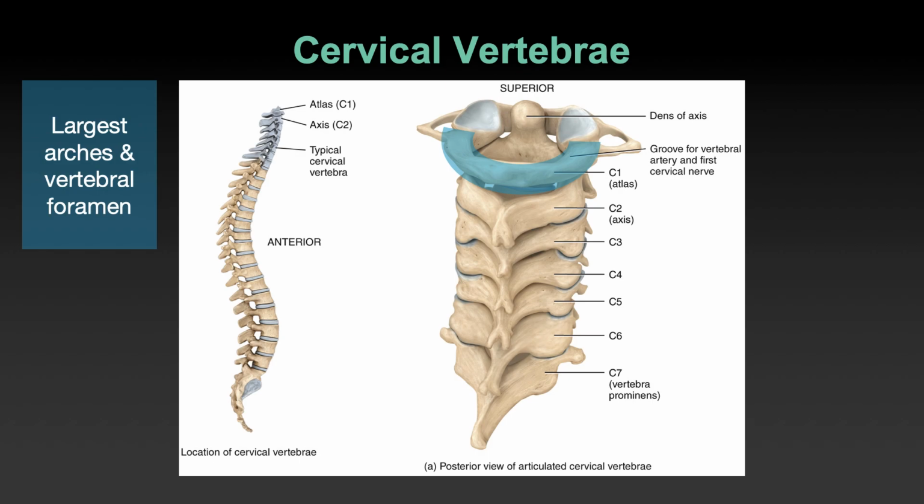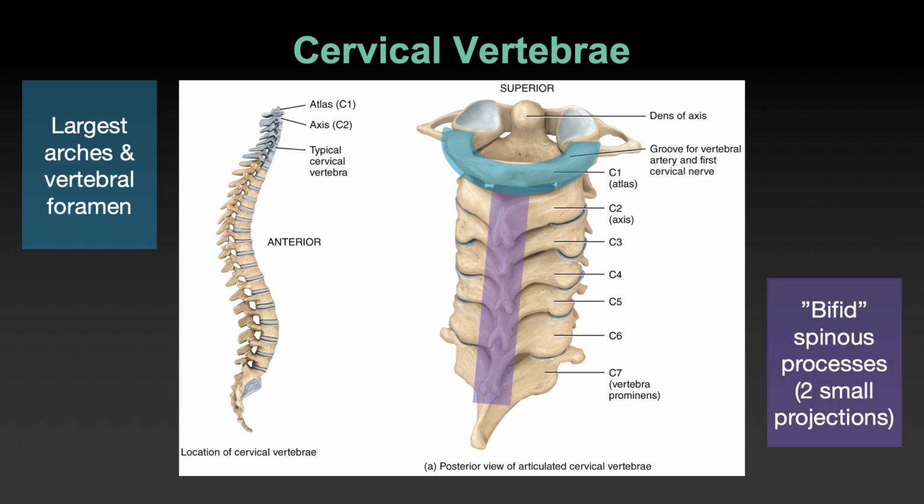The easiest way is that the spinous processes are obviously different here than in the rest of the vertebral column. They have two little projections on the posterior tip, and we call those a bifid process. They have a bifid spinous process.